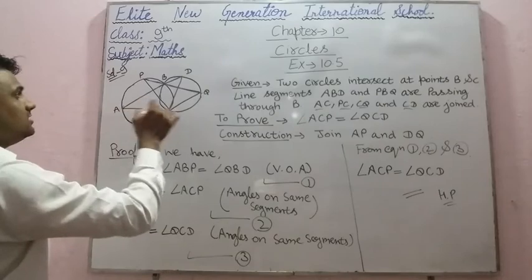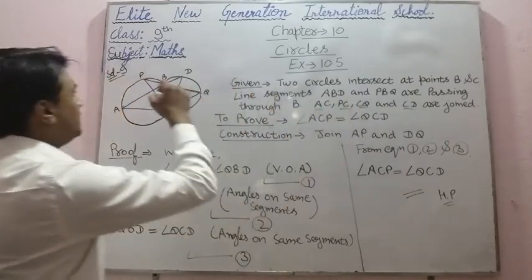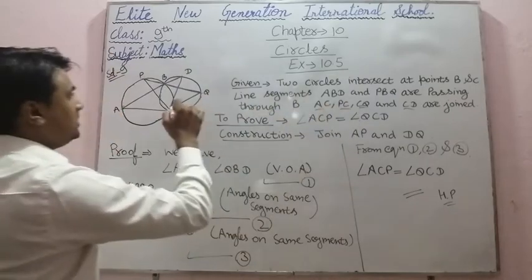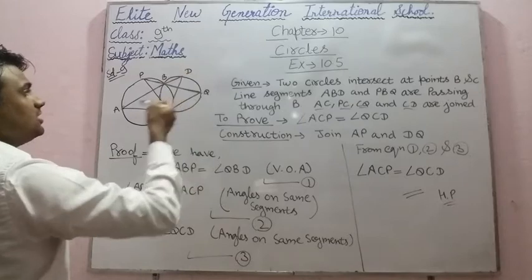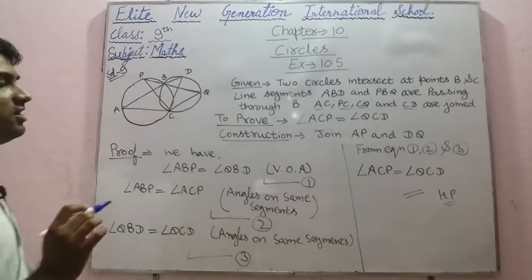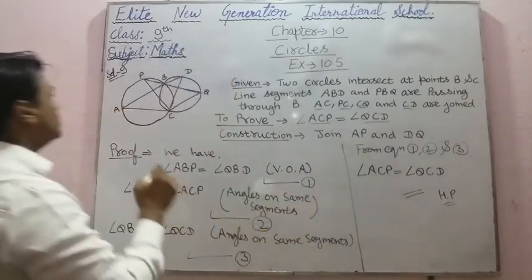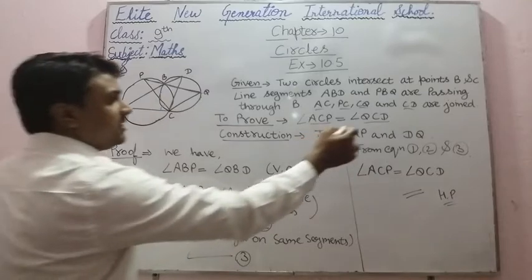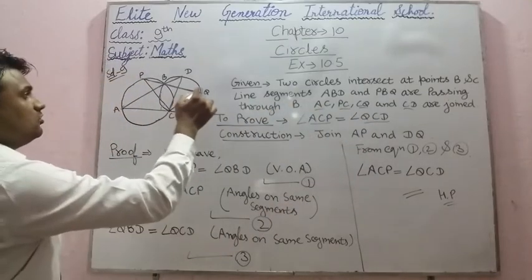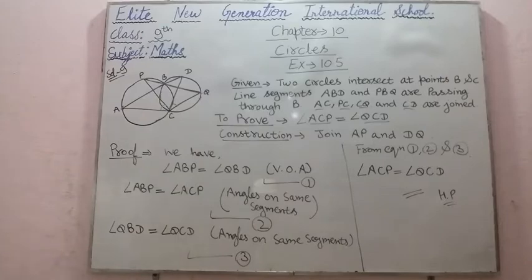Here we have to prove that angle ACP equals angle QCD. So we have to prove that these two angles are equal.